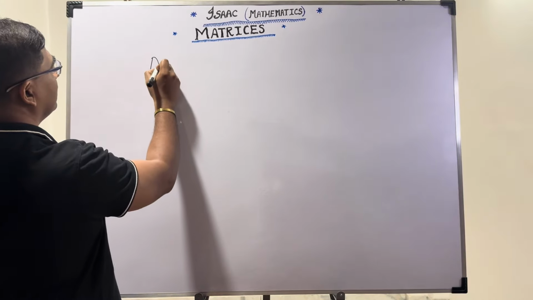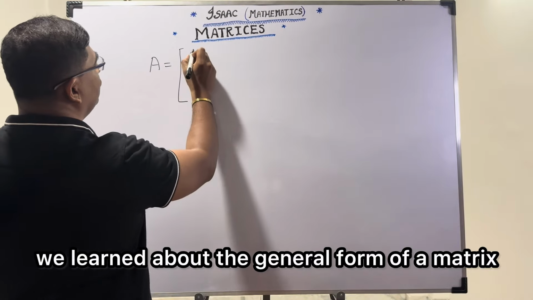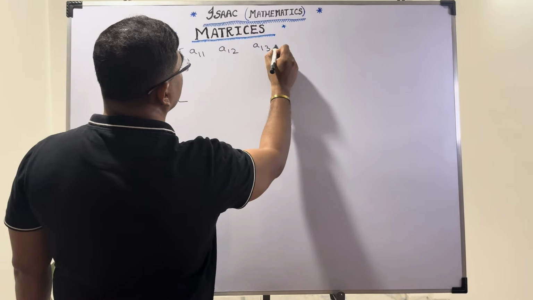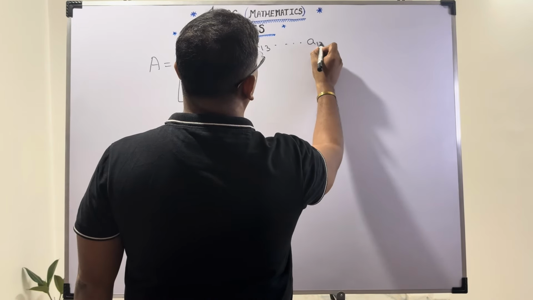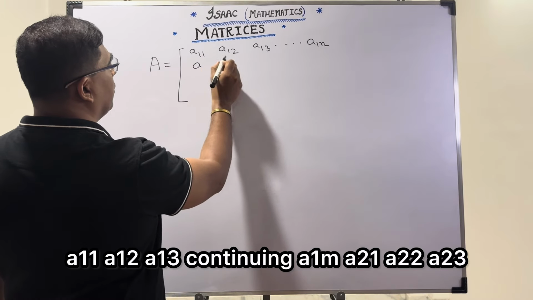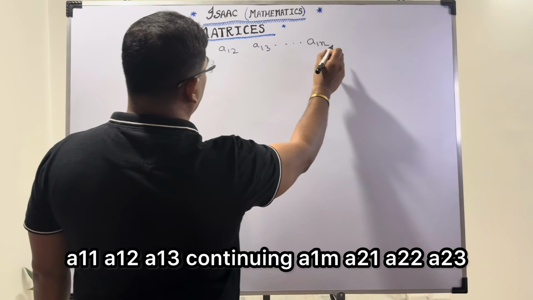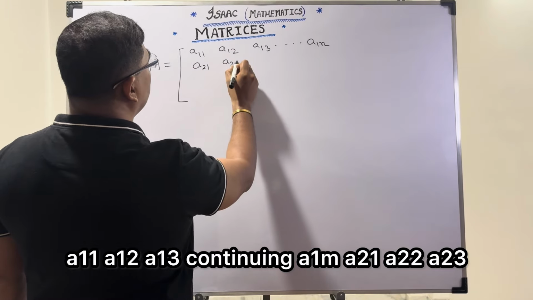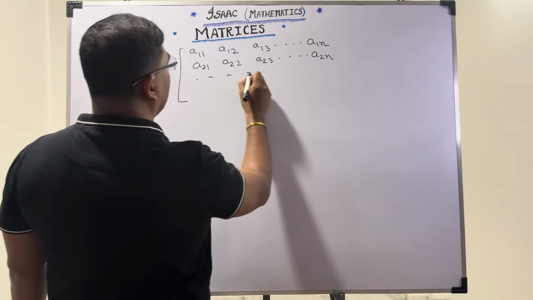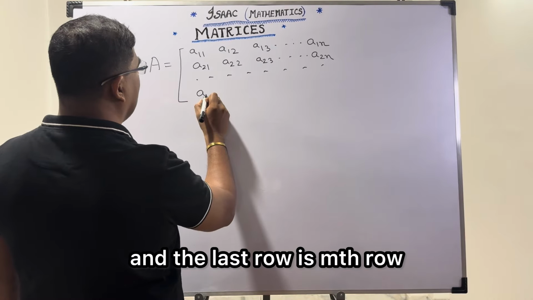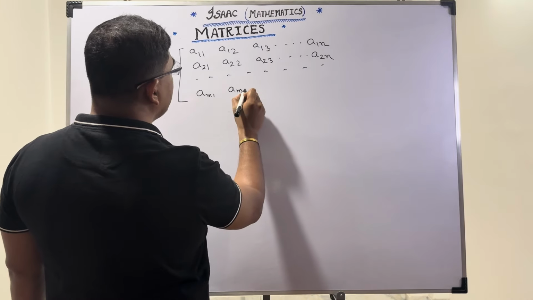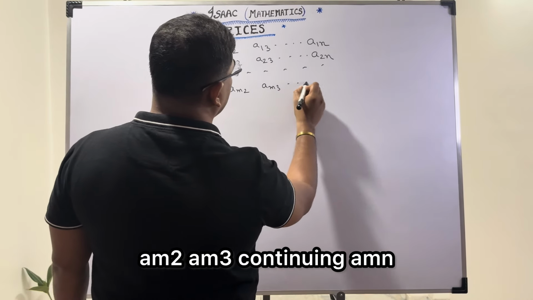In our previous class we learned about the general form of a matrix, which is matrix A equals to A11, A12, A13 continuing A1n, A21, A22, A23 continuing A2n, like this way continuing, and the last row is the mth row and its elements are Am1, Am2, Am3 continuing Amn.